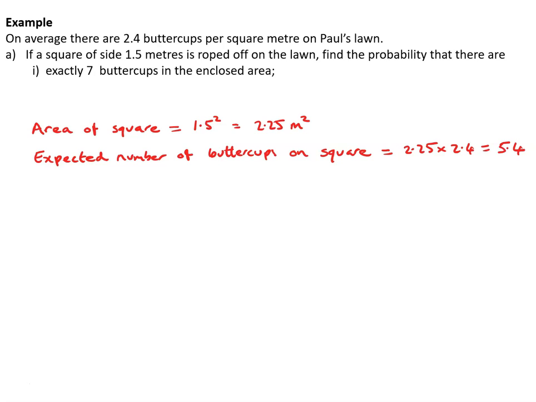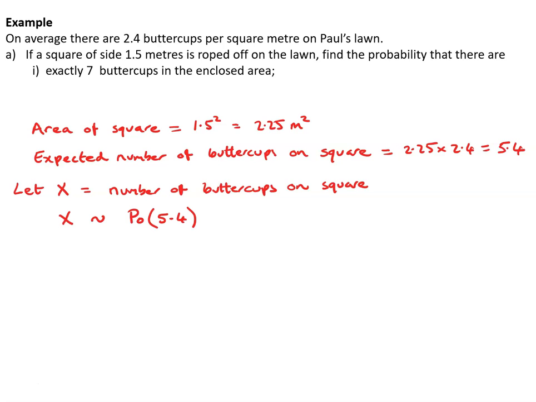Now, in the previous examples of Poisson distributions that we've had, a time is being considered. In this case, we've got an area that is being considered. But the argument is exactly the same. And we can say that the number of buttercups on the square can be represented by the Poisson distribution with lambda equals 5.4. Now we've got to make the usual provisos, and that is that the buttercups appear at random.